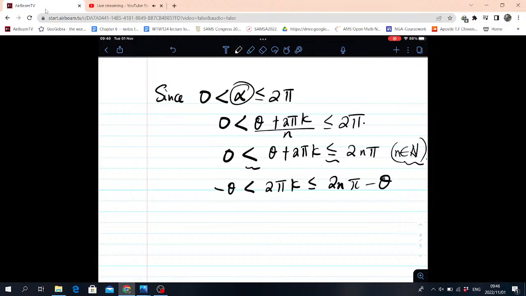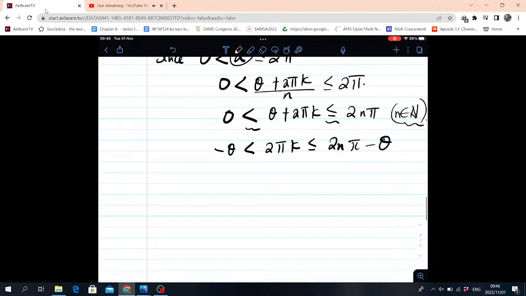But there's something I also know. I know that theta is between these two, minus pi and pi. I know this is true.